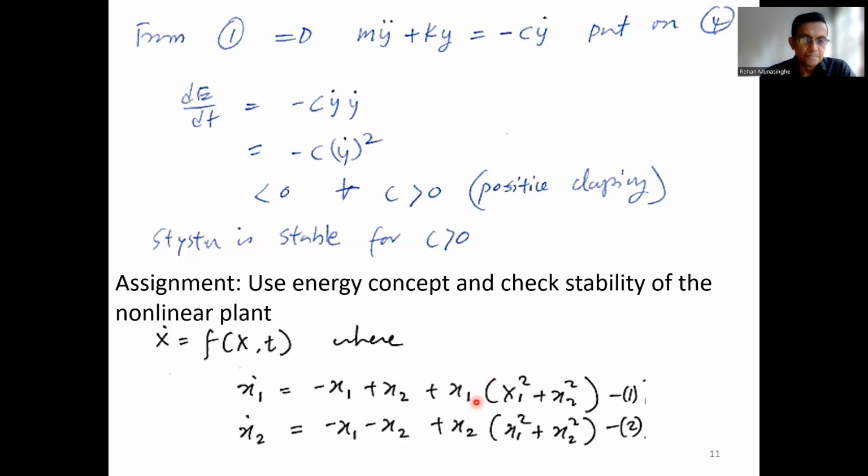Is that clear? Any questions, please? Any questions, anything that is not clear?